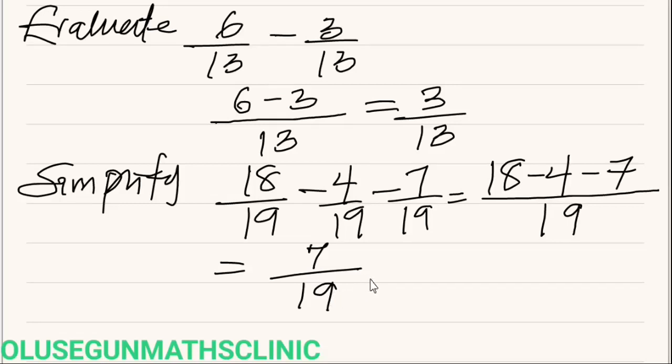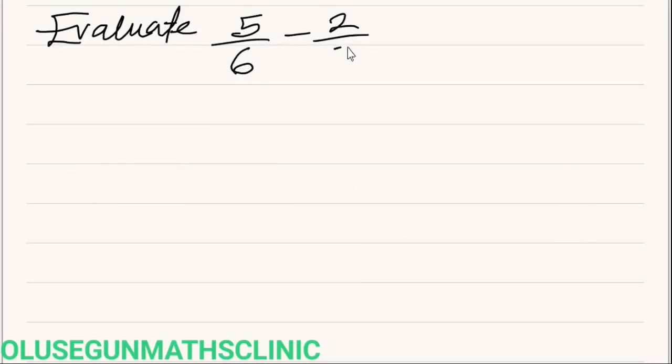So we are now going to the next example, solving values that have different denominators. So let's have this. Evaluate 5 over 6 minus 2 over 3.